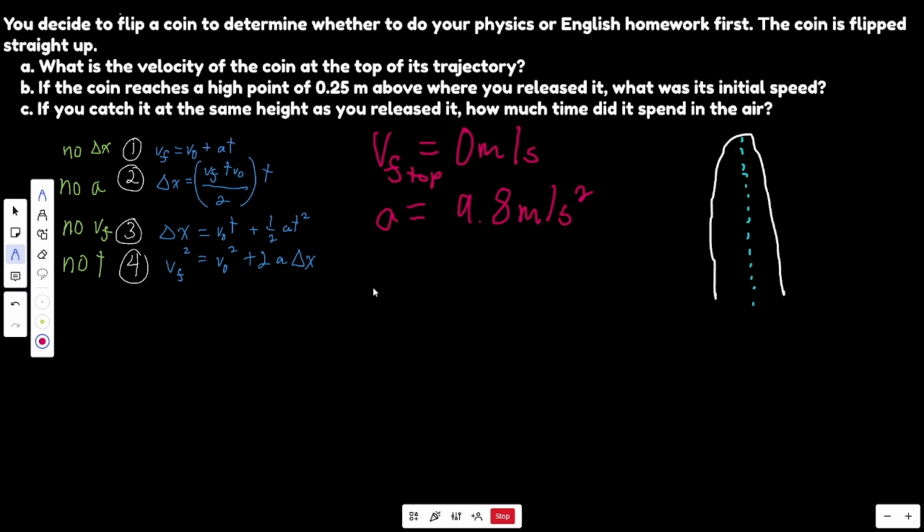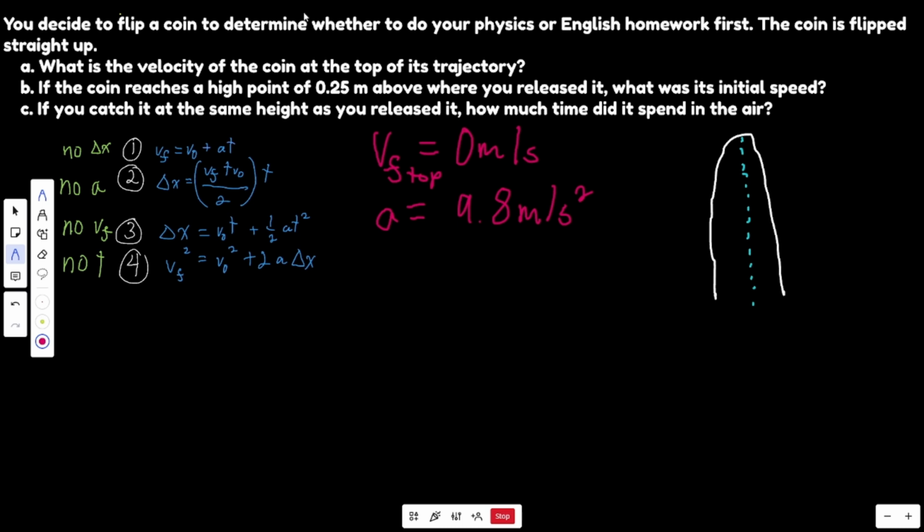We do not have delta, and we also don't have time. Now, how do we get anything from here? Okay, so if you look, the first question is just asking what is the velocity of the coin at the top of its trajectory.